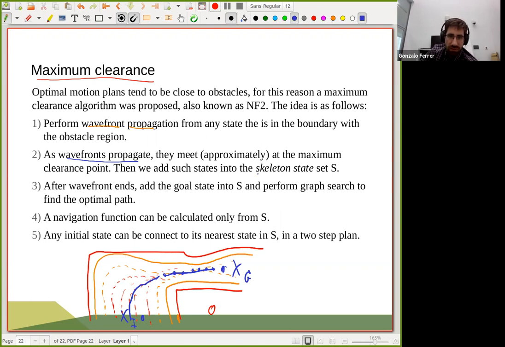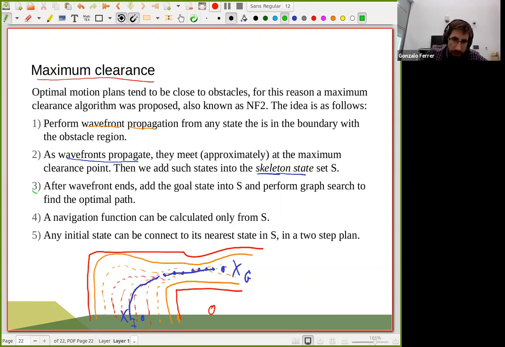And with this, what we have created is a skeleton state S of variables that are on this maximum clearance position, right? So then what we do is step number 3, add the goal into the state S.